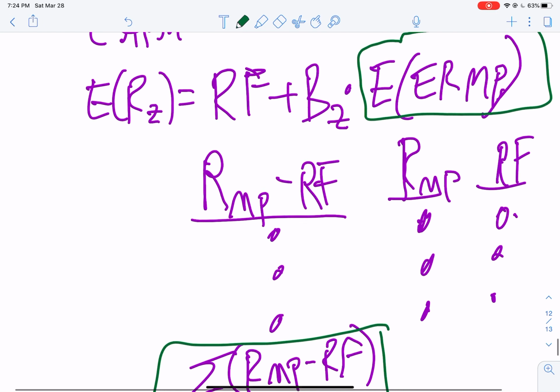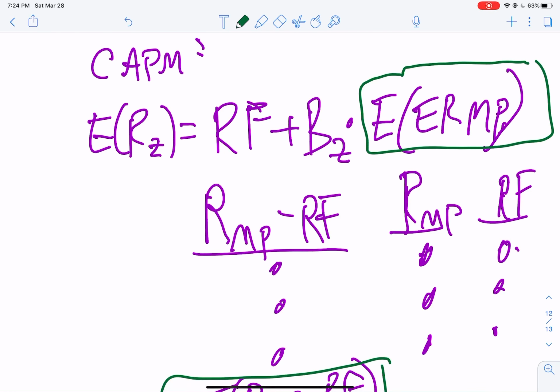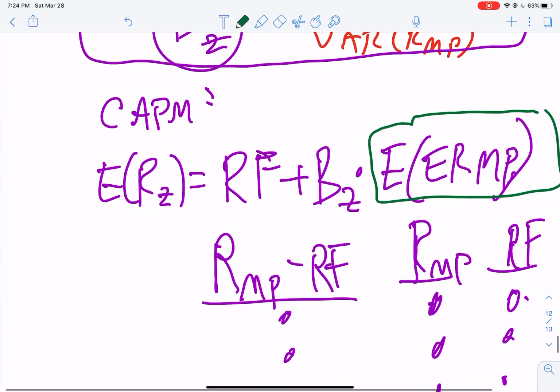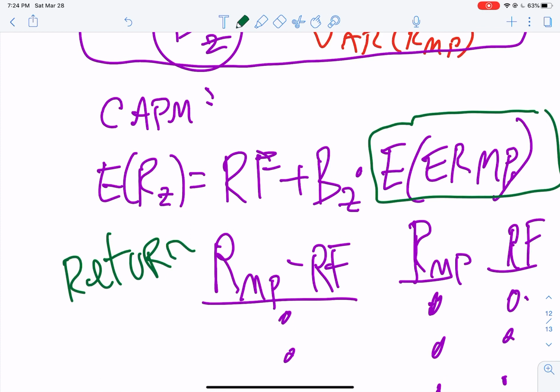So this CAPM is a risk-return relationship. Here's the return. And here's the relevant dimension of risk. This is the capital asset pricing model.